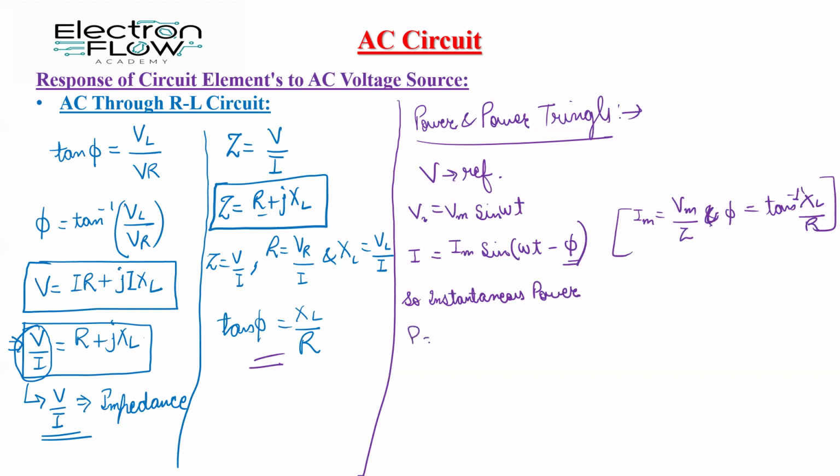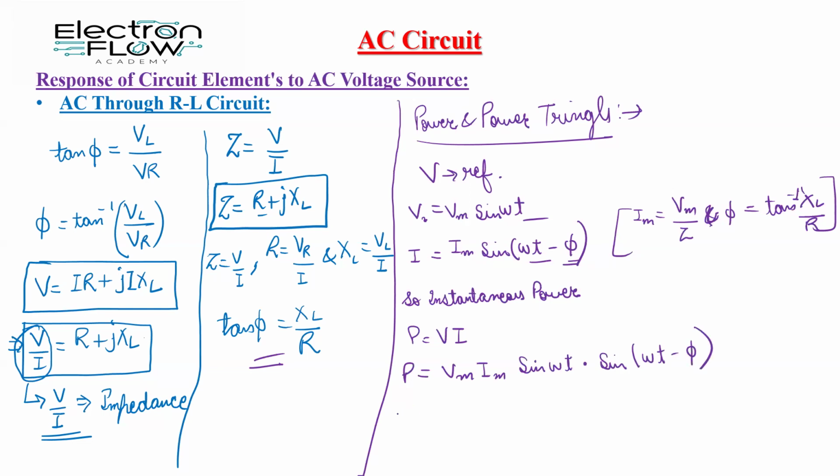So the instantaneous power p is equal to v times i. Putting the values of the voltage and current equations from here, my equation will look like VmIm sin omega t into sin(omega t minus phi).